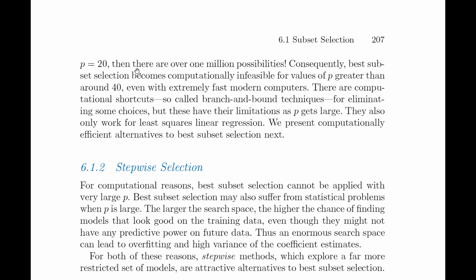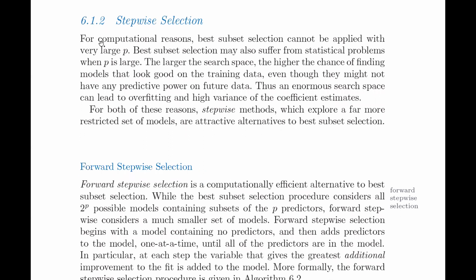If you have 20 of those fields and you try using best subset selection to determine which of those 20 one should use, then that would require 1 million fits, which is going to take quite long, isn't it? 1 million fits, and then you have to compare them, etc., etc. Instead, and we can start reading, for computational reasons, best subset selection cannot be applied with very large P. Best subset selection may also suffer from statistical problems when P is large.